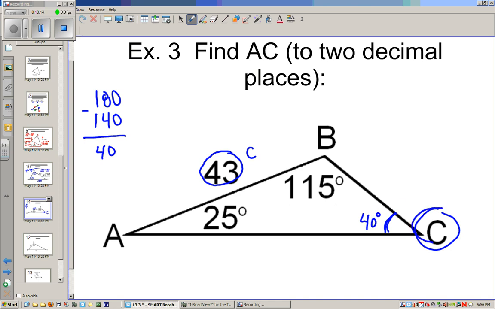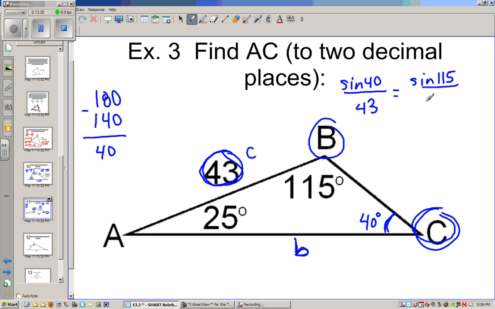Now we have angle C and side length C, and they want us to find AC. So this is our side length B because it's opposite of angle B. So let's solve this one. We can say that sine of 40 over 43 equals the sine of 115 over B. Okay, so I'll give you some time to punch that in your calculators.